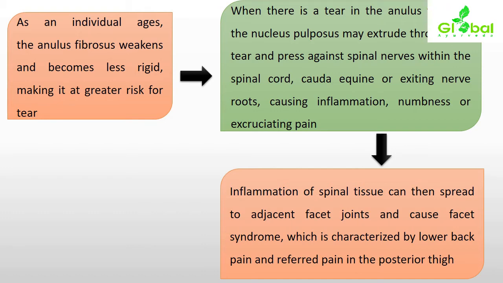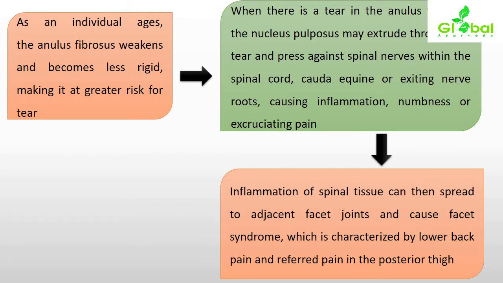It can be related to medical causes or lifestyle causes, as we have already seen in the causes of sciatica pain. Because of this, the risk of tear of the annulus fibrosus is greater.